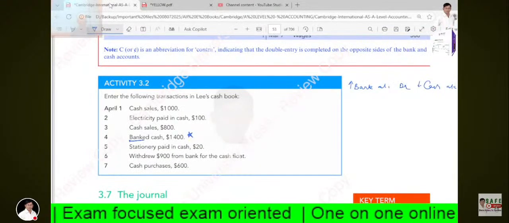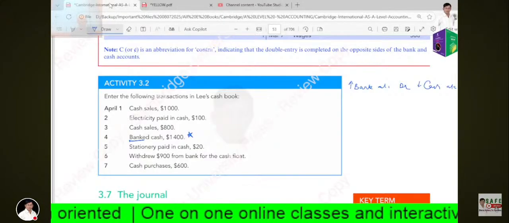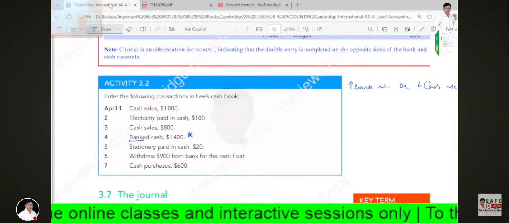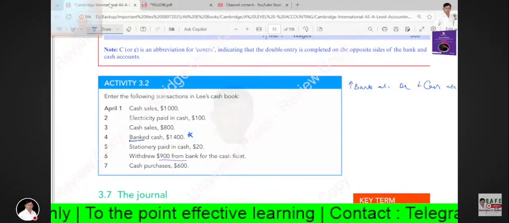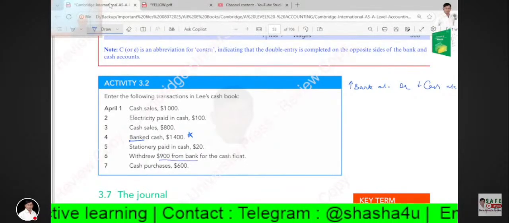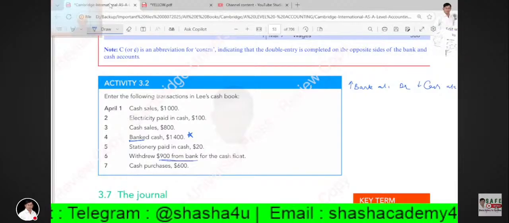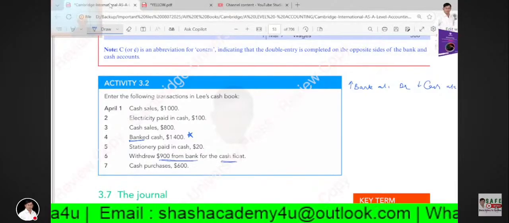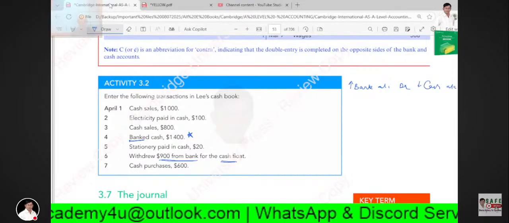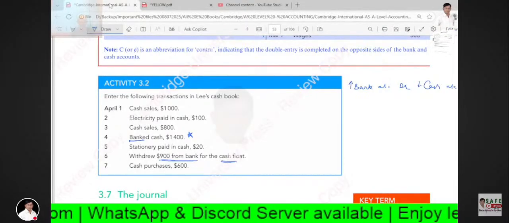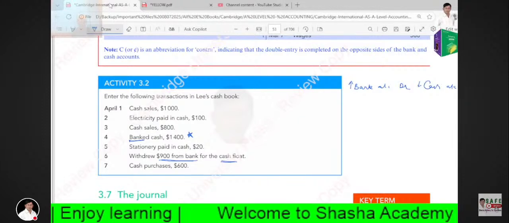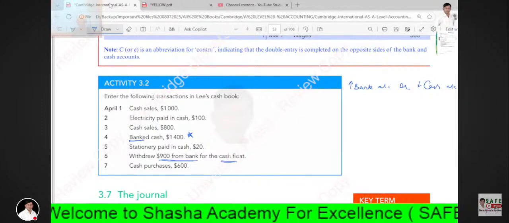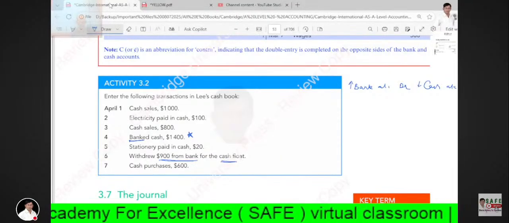Withdrew 900 from bank for cash float. So we are taking out money from the bank. Be careful. Now money is going out from the bank and coming into cash. This is exactly the opposite of the previous entry. So the entry is exactly the reverse of this.